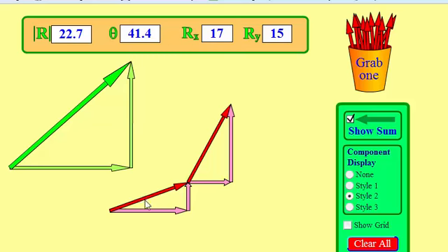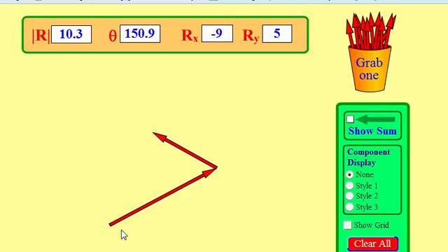So here we've added two weird vectors at weird angles, but we got an absolutely exact resultant of 22.7 with an exact angle of 41.4. A fair bit better than trying to add them by measuring and drawing with a ruler and a protractor.